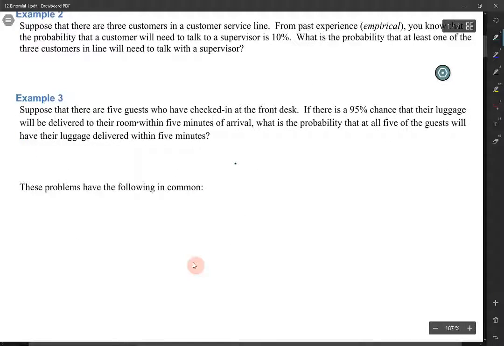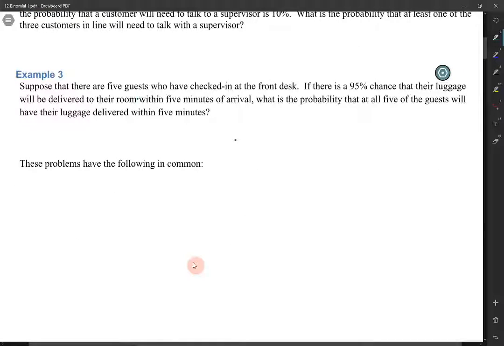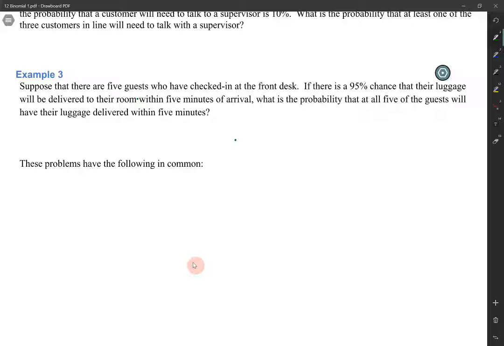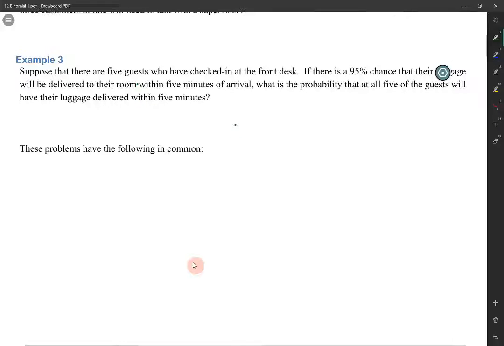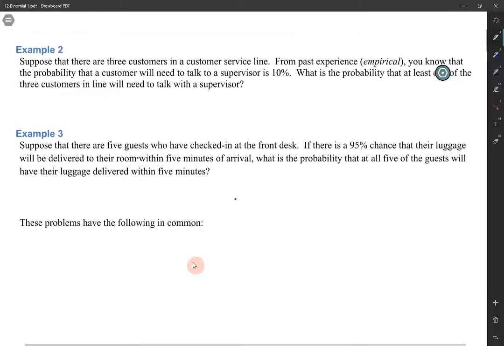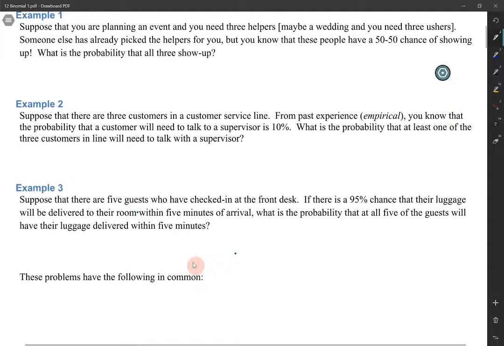So, what do these problems all have in common? Do they have anything in common, or are they all different?